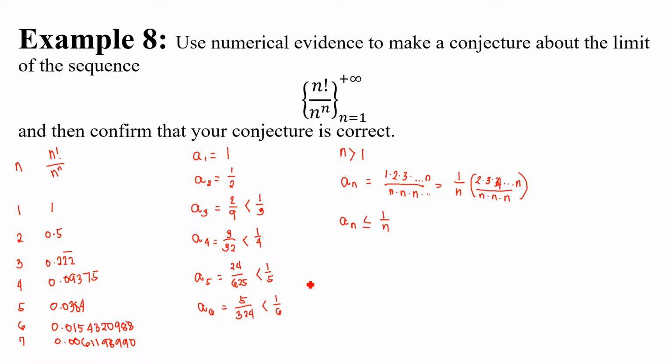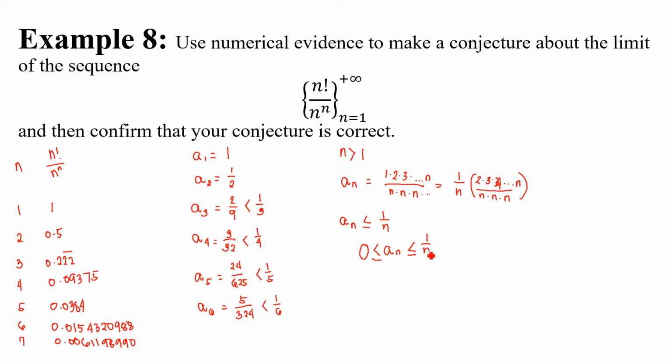So it is evident now that our a sub n is greater than 0. Of course, it's clear here that it is greater than 0, but less than or equal to 1 over n.